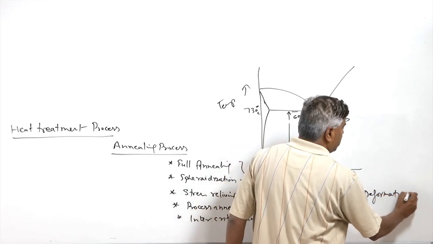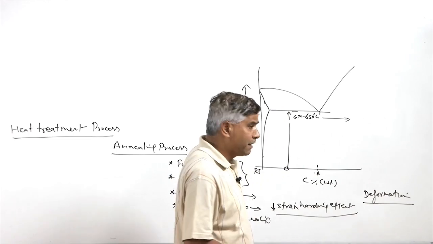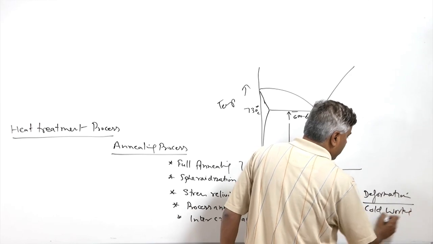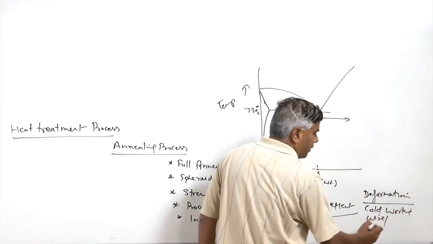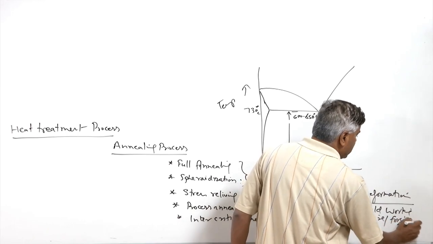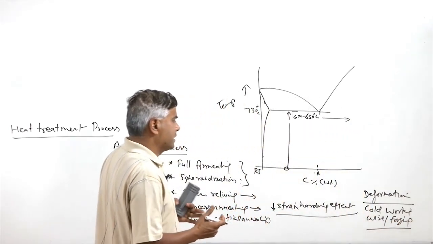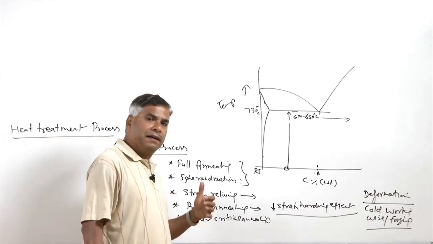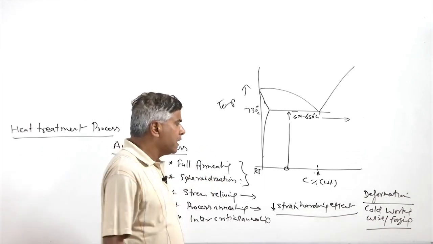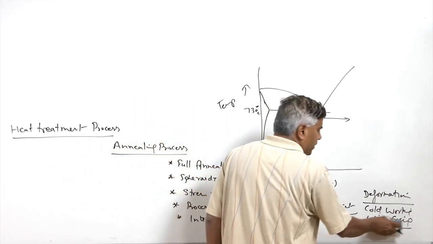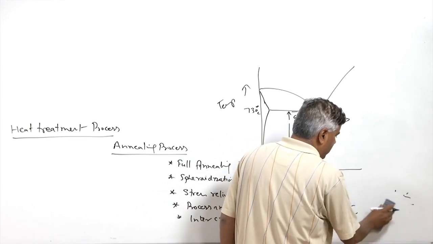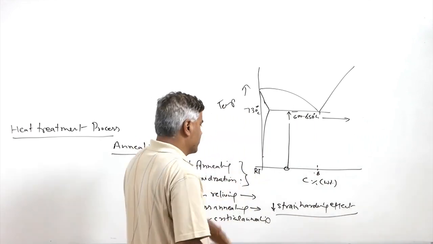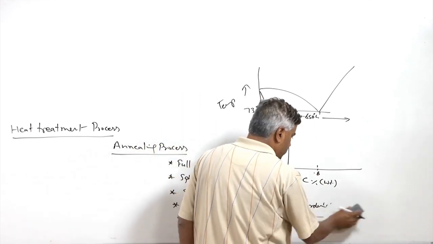We know that in deformation based processes, if we work especially at lower temperature, if you do cold working of metals in the form of either wire drawing or forging, then these processes induce a lot of residual stresses because of the differential deformation experienced by the metal at the surface compared to the inner core material, and that in turn causes more severe work hardening at the surface as compared to the inner or core portions.